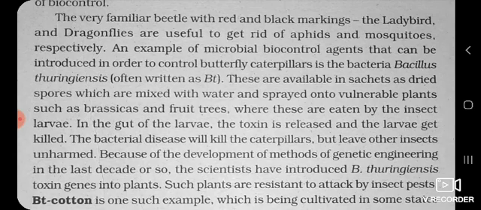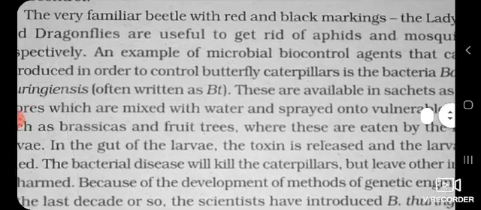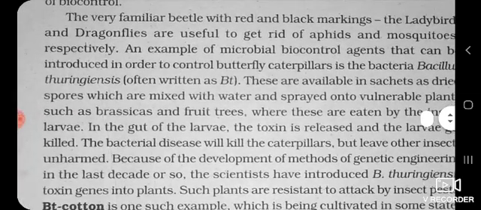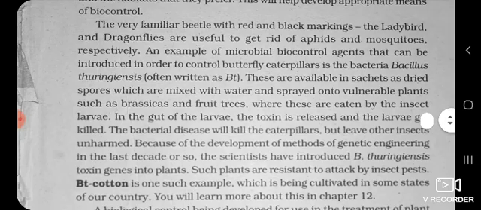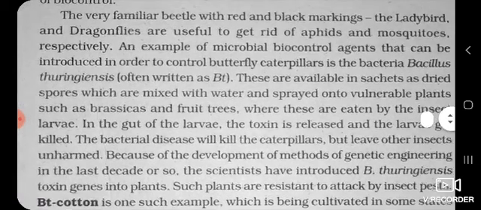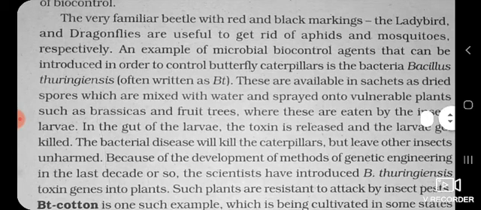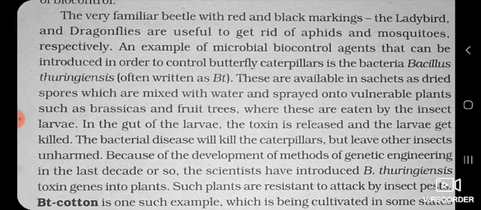The very familiar beetle with red and black marking. Now concentrate on this paragraph because some examples are given for the biocontrol of these pests. The familiar beetle with red and black marking, the ladybird, and dragonflies are useful to get rid of aphids and mosquitoes. So these aphids are the pest on the field, and mosquitoes are generally found in our house.